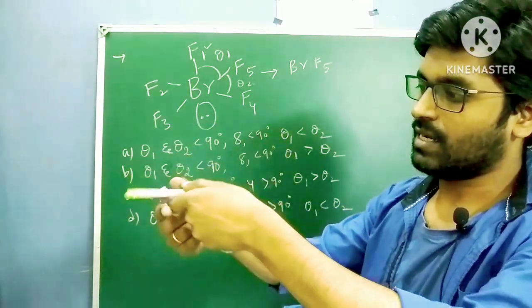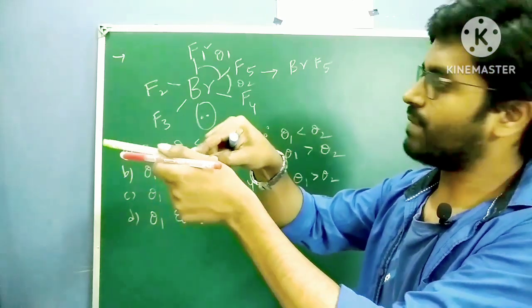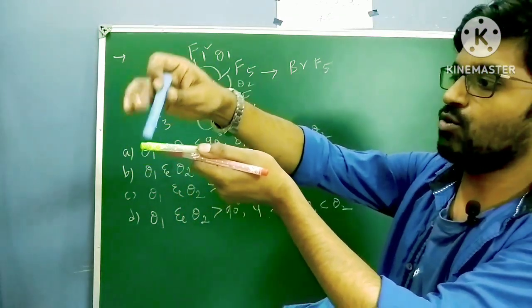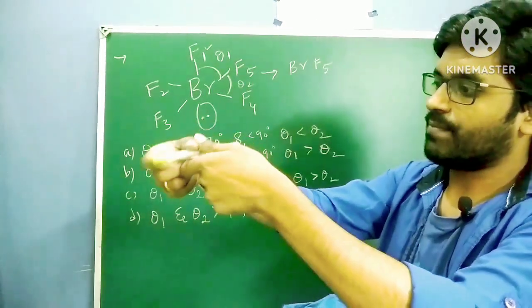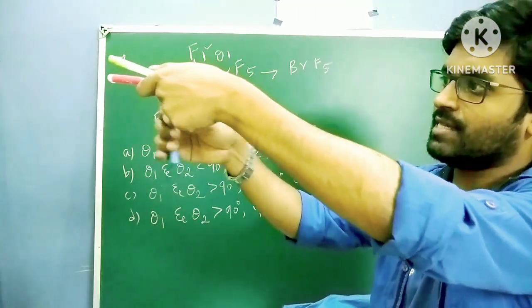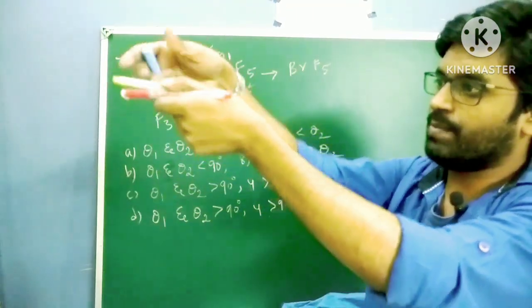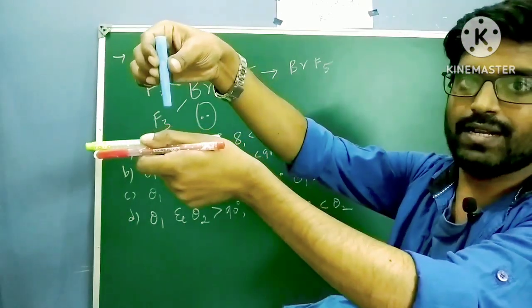The lone pair is just at the bottom, and one fluorine, F1, is at the top.